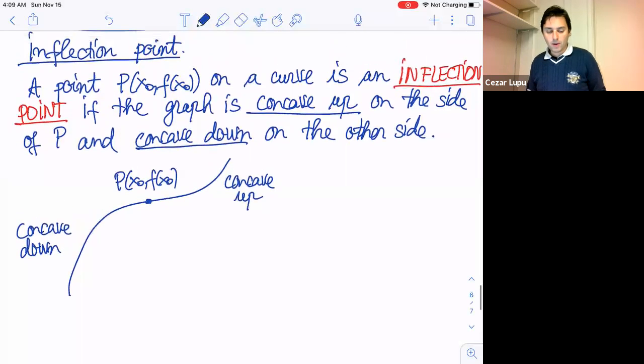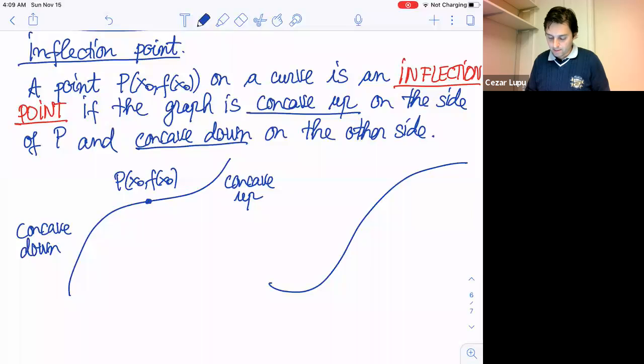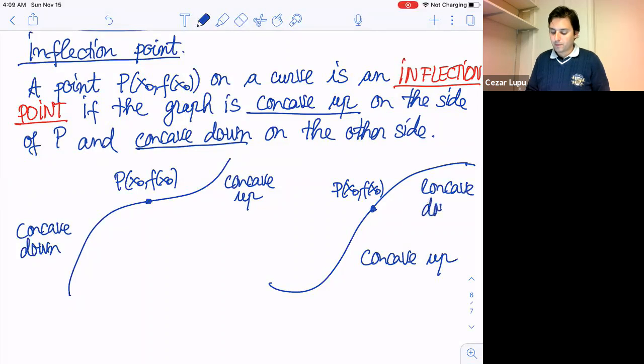And let's say we have a similar situation, it goes like this. Here is my point P of coordinates x naught, f of x naught. Here we have concave up, and here concave down. So that's what an inflection point is.